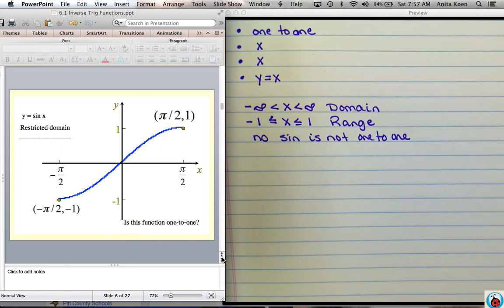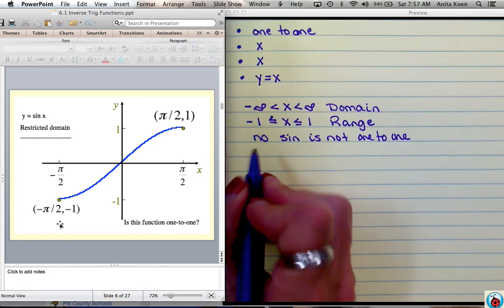We looked at in the previous video how to restrict the domain of y equals the sine of x. In that video we discovered that we were going to restrict the domain for the sine of x from negative pi over 2 to pi over 2.